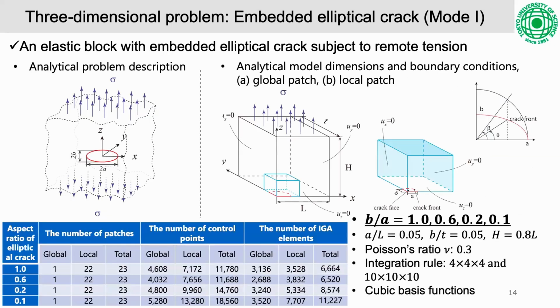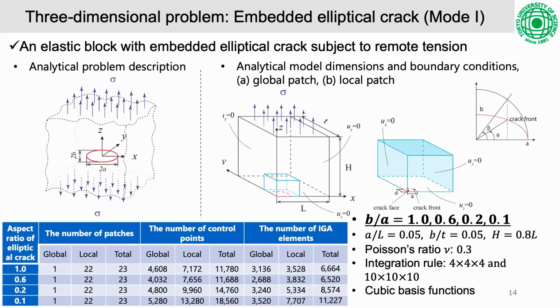Okay, and let us check the example problem. This is a simple embedded elliptical crack, mode 1. In the model, ideally the crack is embedded in an infinite elastic medium, but we cannot do that in numerics.